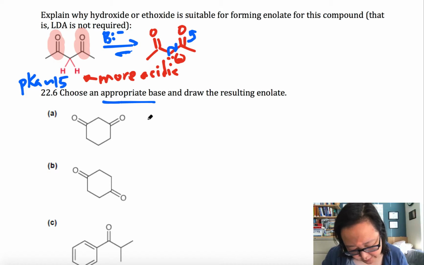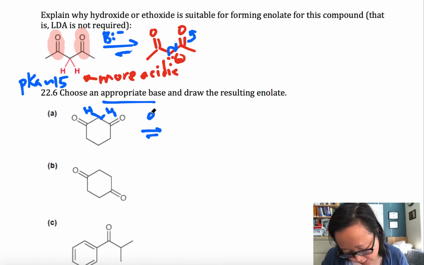All right, so for the first one, I see a dicarbonyl here. So I know that these hydrogens are more acidic than just having one carbonyl. So these alpha hydrogens are fine to be removed with just sodium ethoxide or hydroxide or methoxide. Any of these kinds of bases, they're all very similar to each other in their strength.